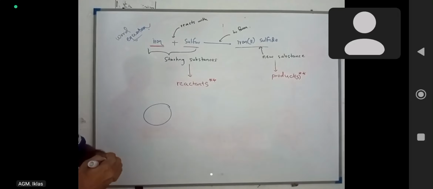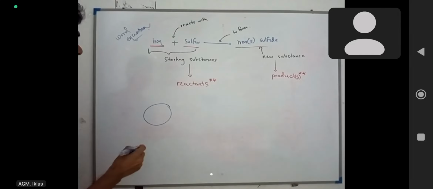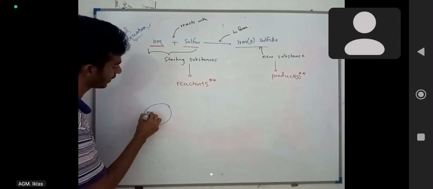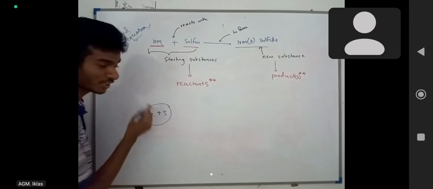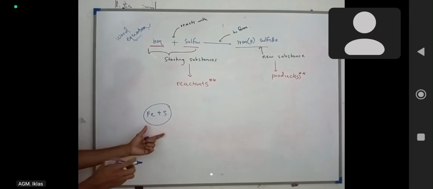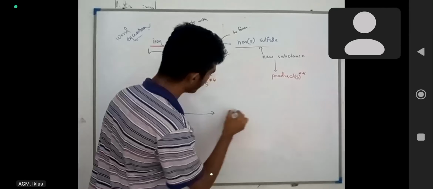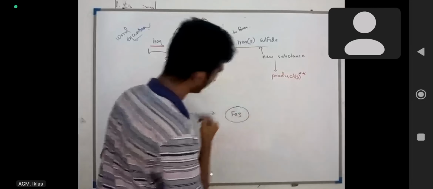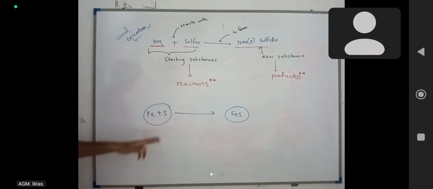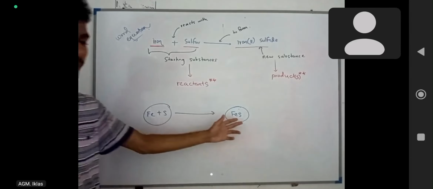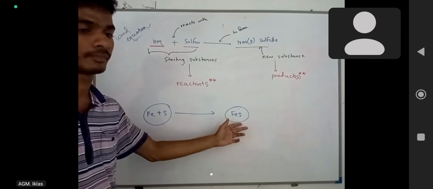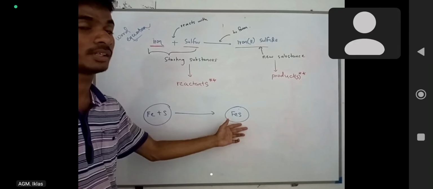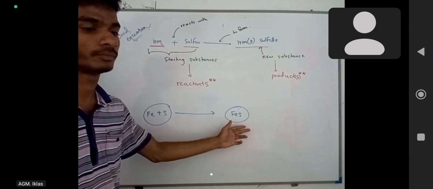Shall I continue? Initially we had a mixture of Fe and sulfur. After that we received Fe sulfide. So is it a mixture or a compound?